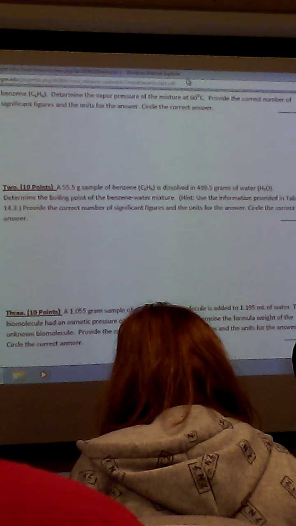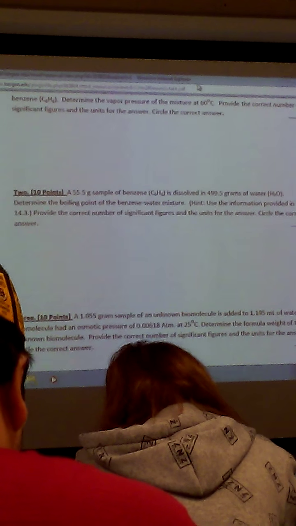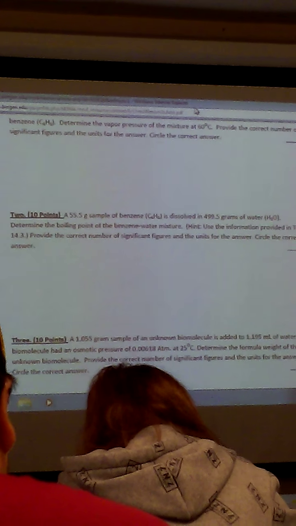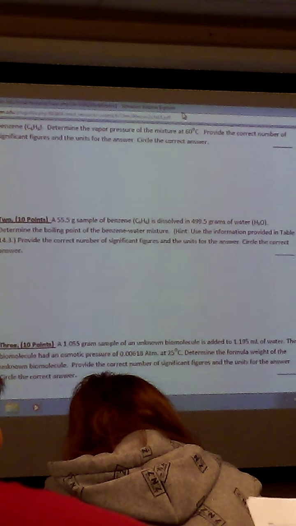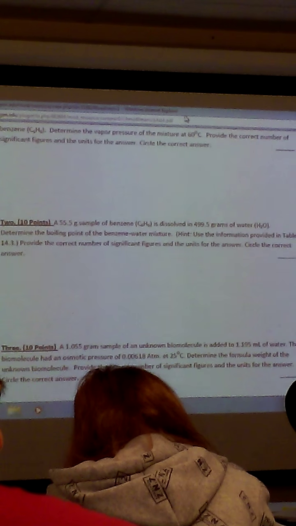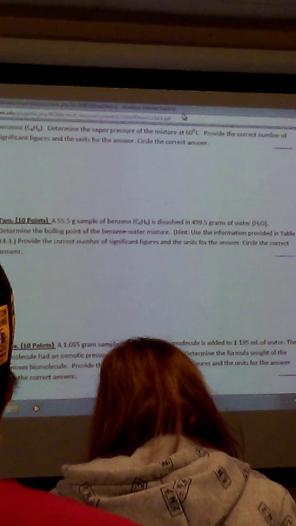What's the solvent? What's the solute? Okay? Now, if water is the solvent, then I gotta look at a table in the back, because I didn't give KFs, KBs, K anything there, right?